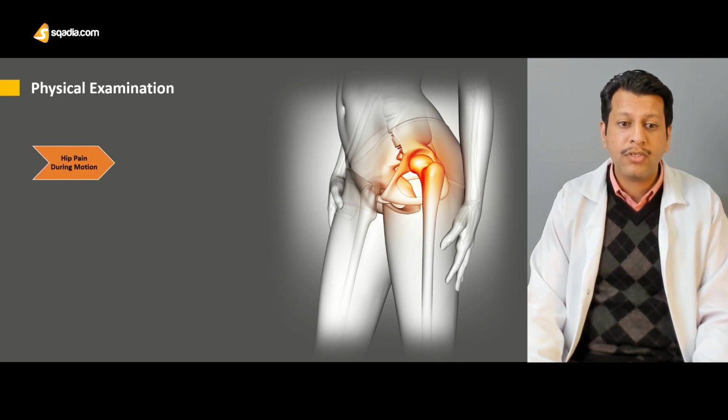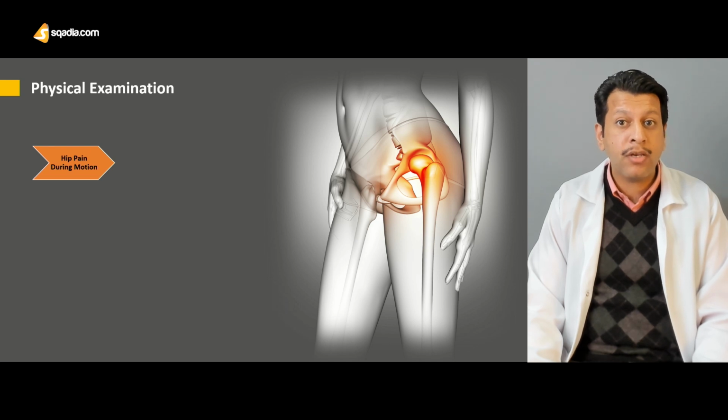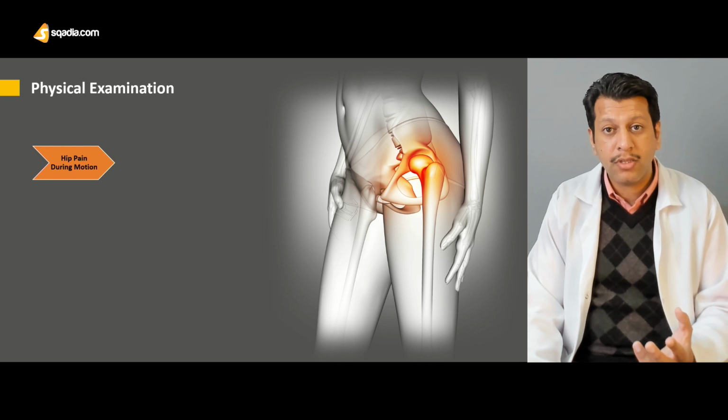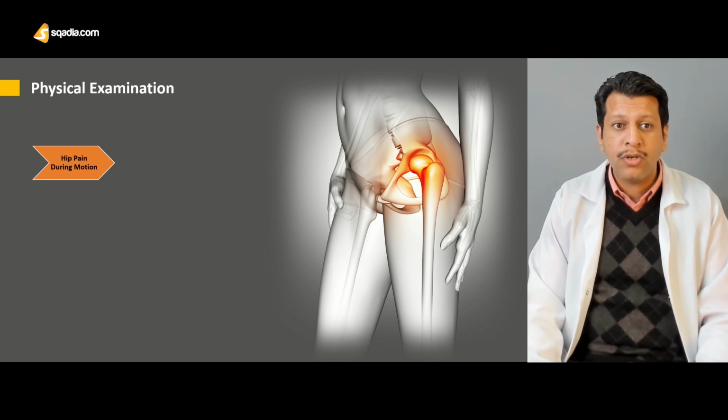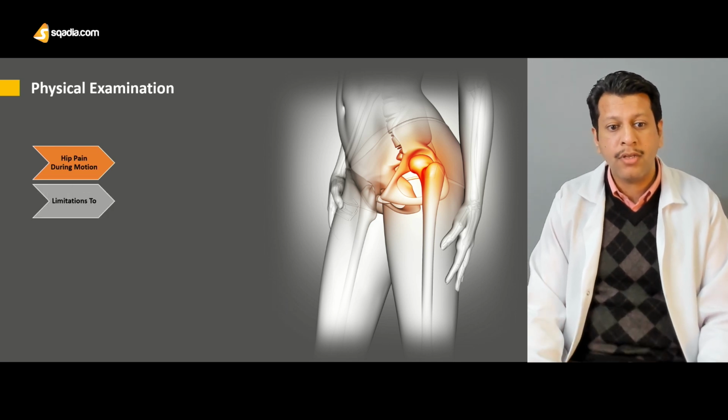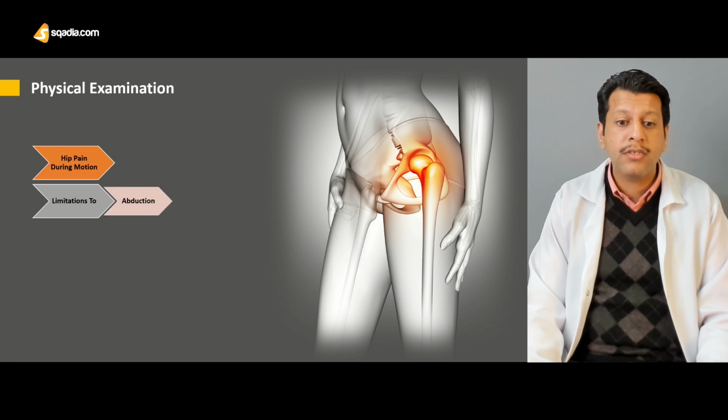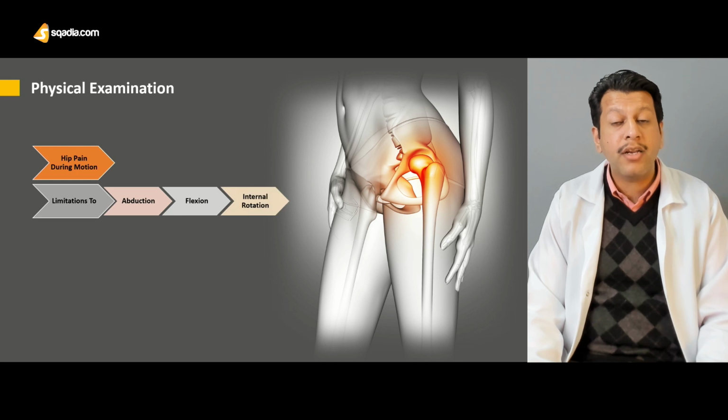First is hip pain during motion. Is there any hip pain during the motion or not? Is there any snapping sensation during the hip motion? That will rule out other causes of hip pain. Is there any limitation to internal or external rotation? Are there any limitations to abduction, flexion or internal rotation?